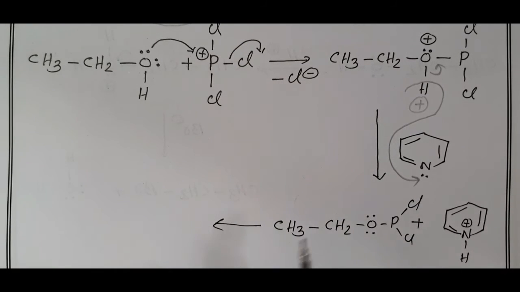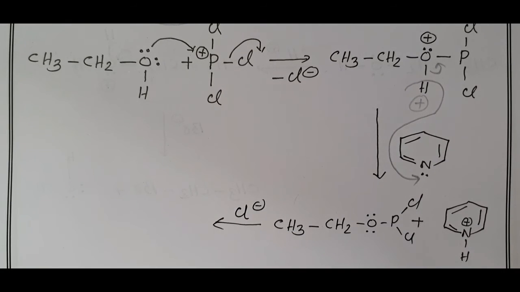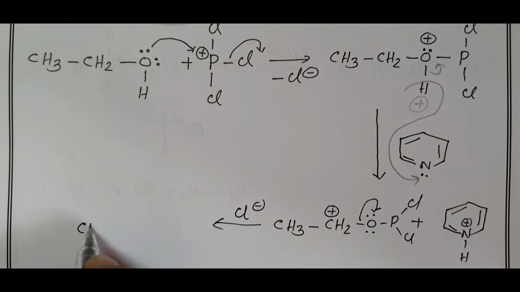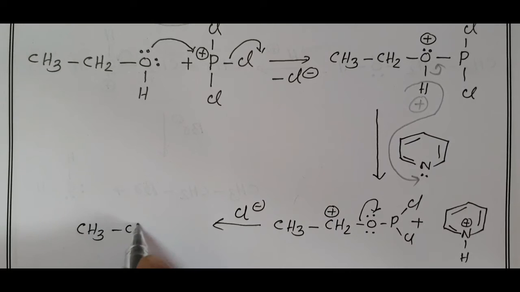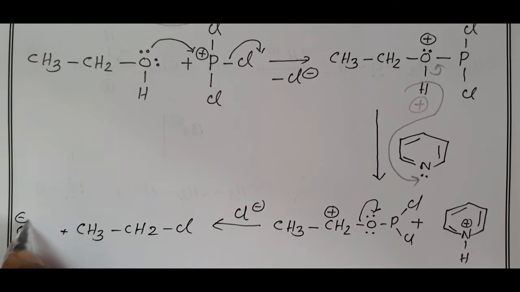In the first step, you removed one chlorine. Now we are going to add that chlorine. Oxygen gets this electron, therefore the charge on carbon becomes plus, and minus is added to plus, giving CH3CH2Cl. Our product is obtained with the loss of O minus PCl2.